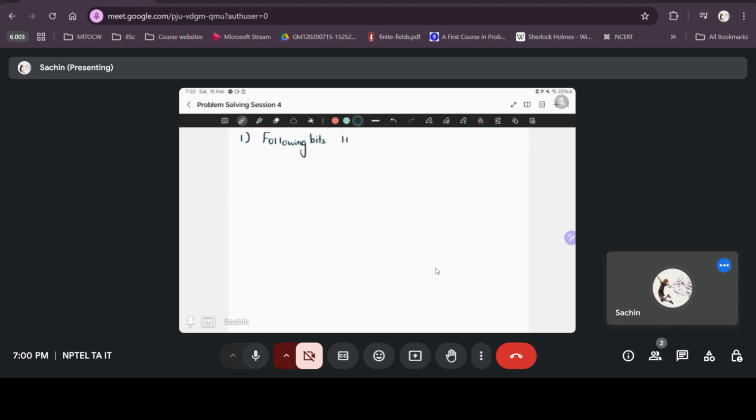The following bits: 1010, 0001, 0001, 111, 001, 01001, 01, followed by 5 zeros, were encoded using the LZ77 algorithm with sliding window size 12.